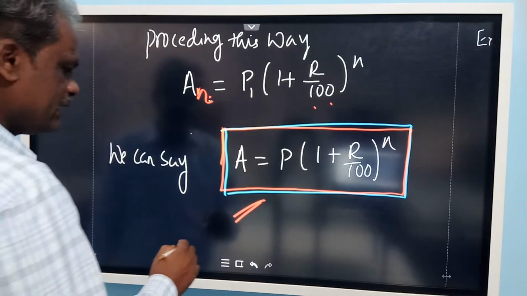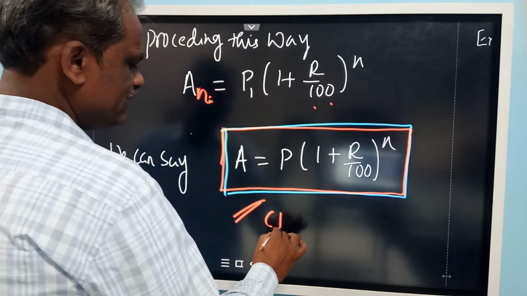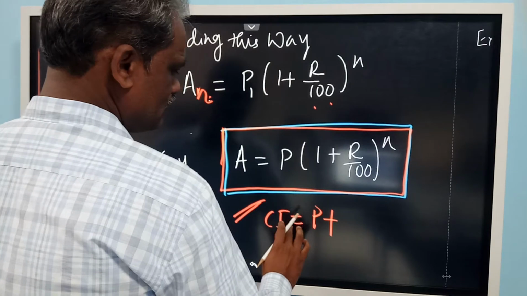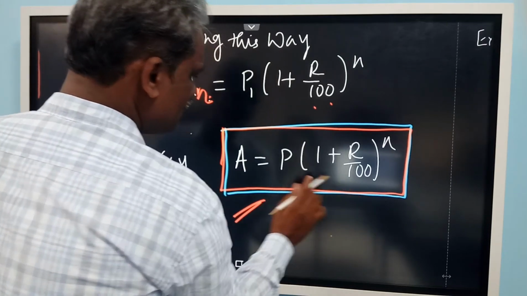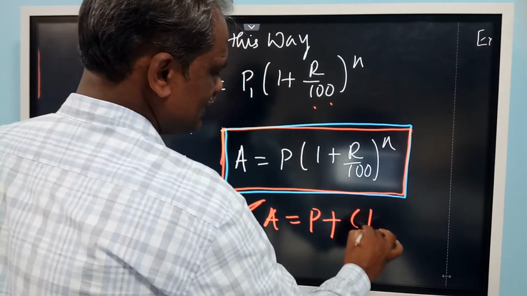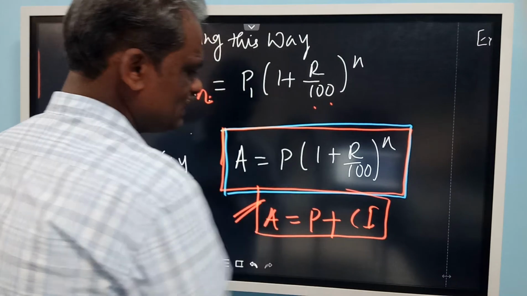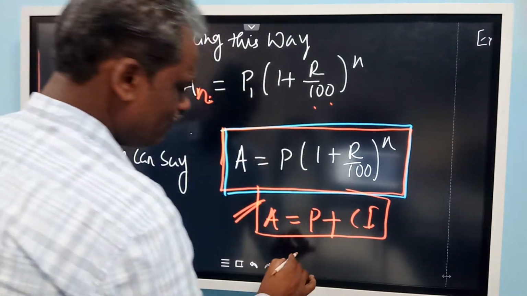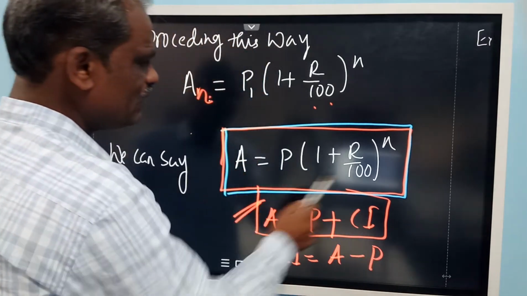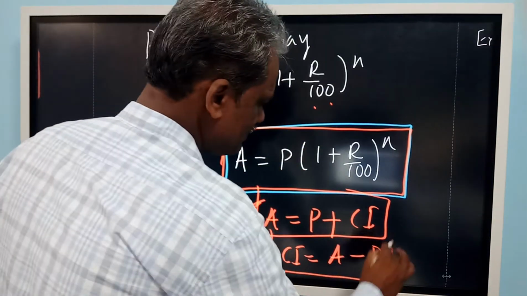So what does the amount contain? See, amount always contains principal plus interest, isn't it? Amount is equal to principal plus interest. If I want the compound interest, you can do A minus P. The A value is there; if you subtract P, then you will get the compound interest.